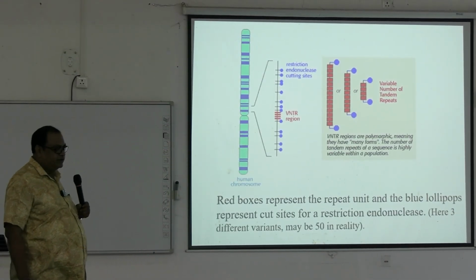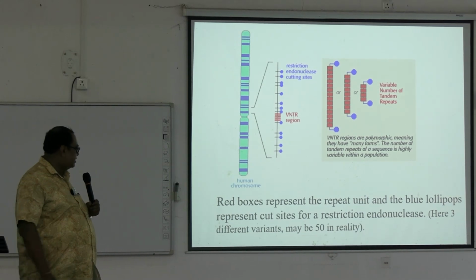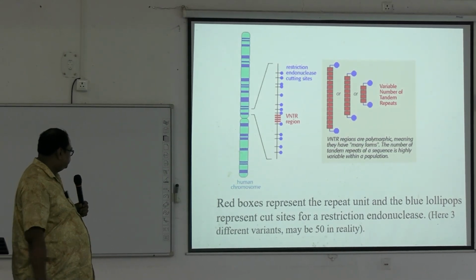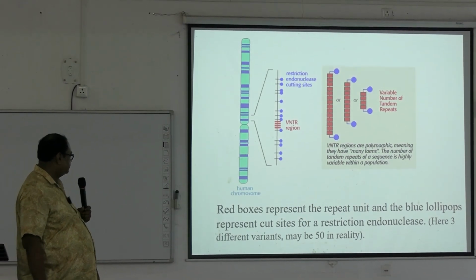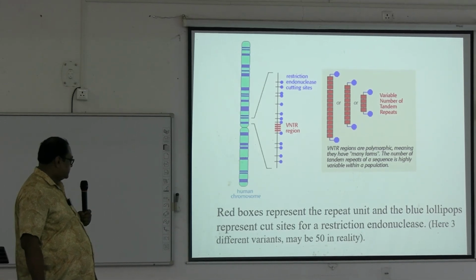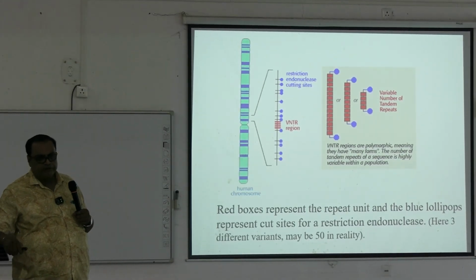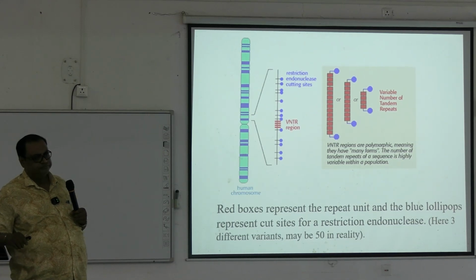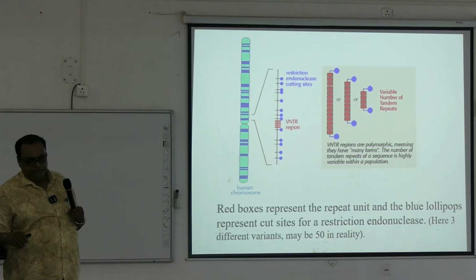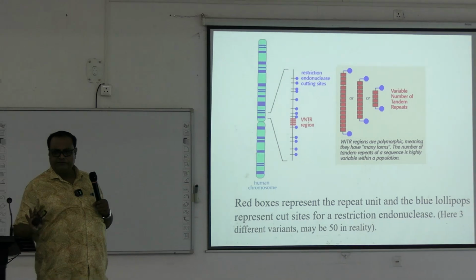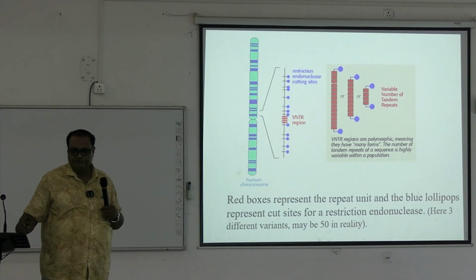Say this is the representation of VNTR. Just go through, just read it once and ask me any question you have. This is an important topic. You will get some other questions from this topic.